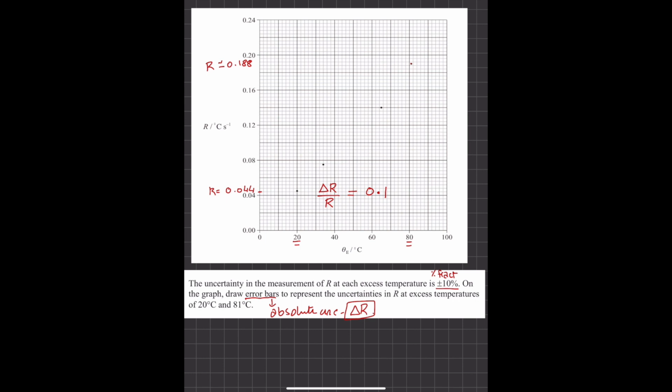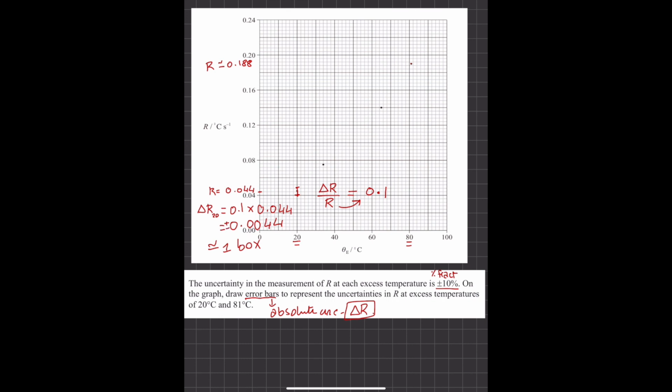For 20, the uncertainty of R at 20 is equal to 0.1 multiplied by the value of R. So here it's multiplied by 0.044, and that's 0.0044, which approximately gives you 1 box.